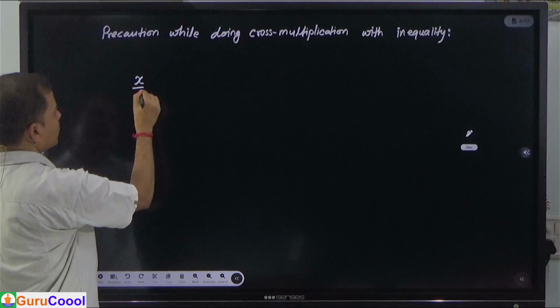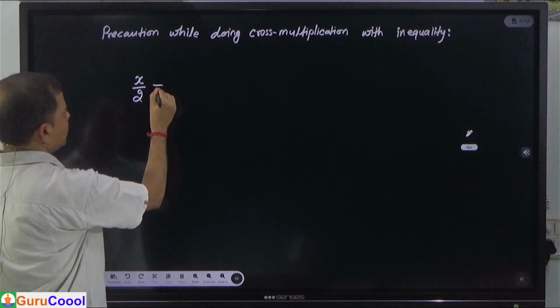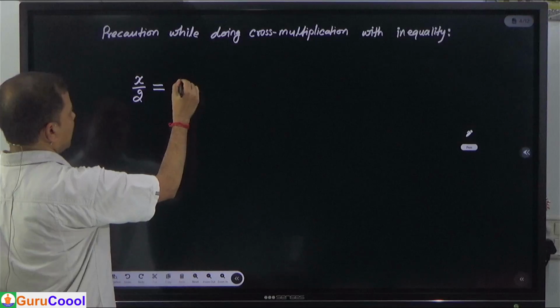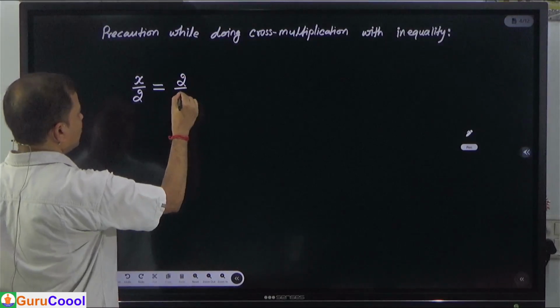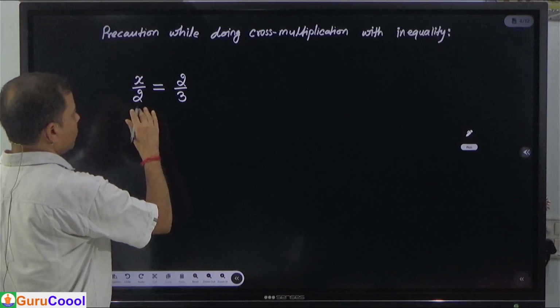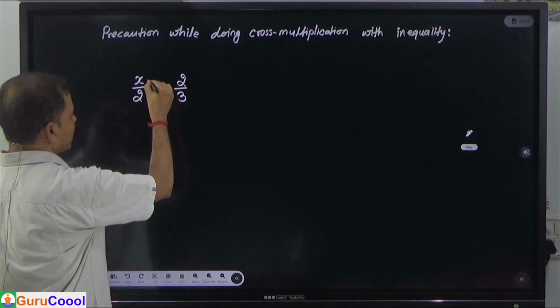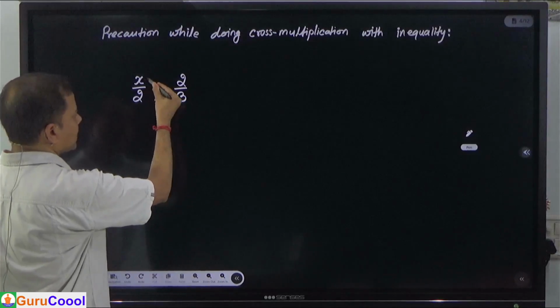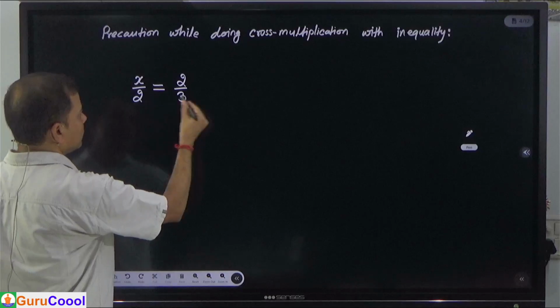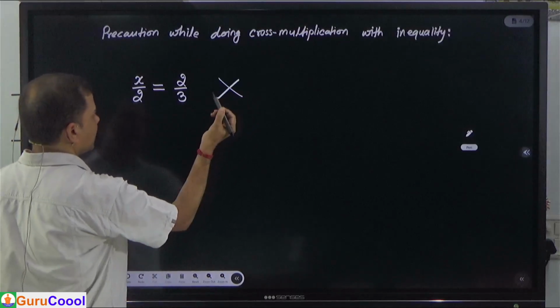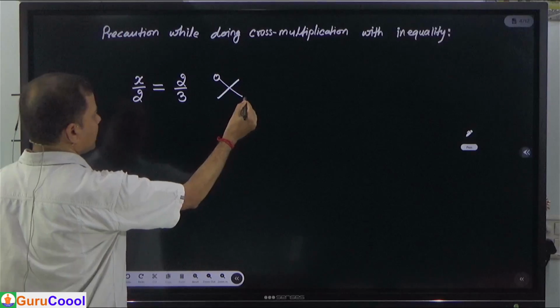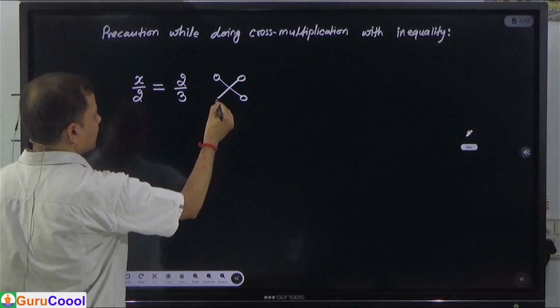Let's say we have to solve x by 2 equals 2 by 3. What will be the answer? If we do cross multiplication, we multiply 3 with x and 2 with 2. This is how we do cross multiplication. This multiplies with this and this multiplies with this.